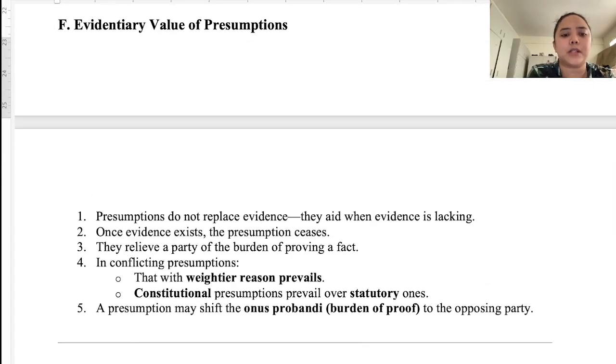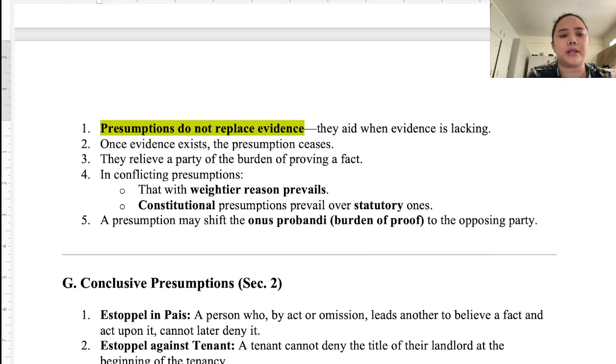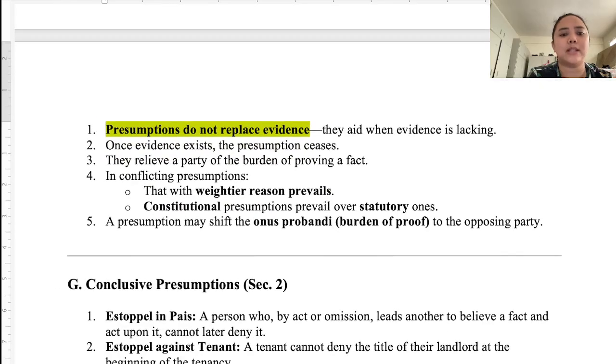Okay. Presumptions, class, do not replace evidence. They aid when evidence is lacking. Tandaan nyo na, hindi ni siya take the place of evidence. Once evidence exists, the presumption ceases. Kung may ebidensya ka na, hindi mo na magamit ang mga presumption kay may ebidensya ka na.